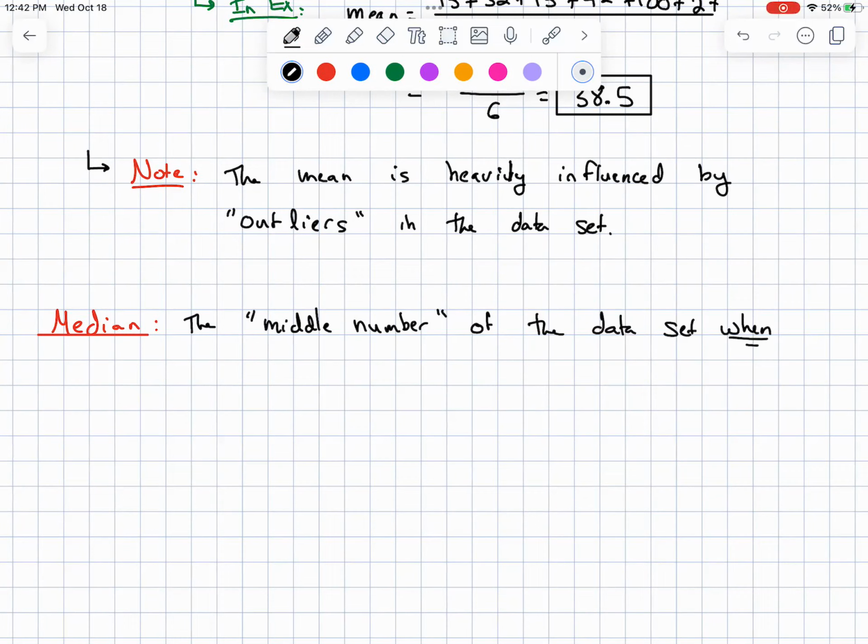So it's not just finding the middle number of a data set, because the data set isn't necessarily always organized from smallest to largest. So that's what you need to do first. So the middle number of the data set when the entries are lined up from smallest to largest.